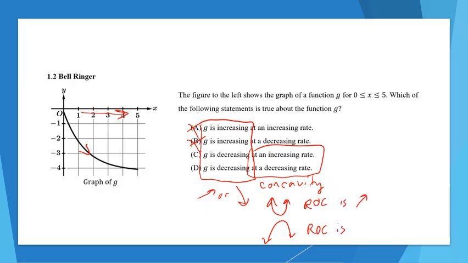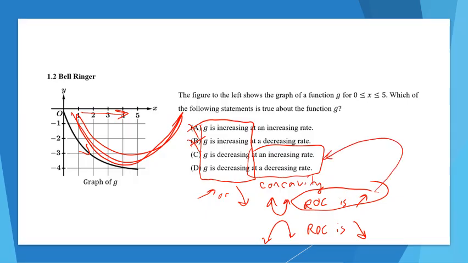Likewise, when a function is concave down, the rate of change will always be decreasing. So this function is clearly concave up, right? It forms an upwards U shape. And so the rate of change is going to be increasing. Another, fancier way of saying that is that the function is changing at an increasing rate, right? The rate of change is increasing. So C should be our answer here.